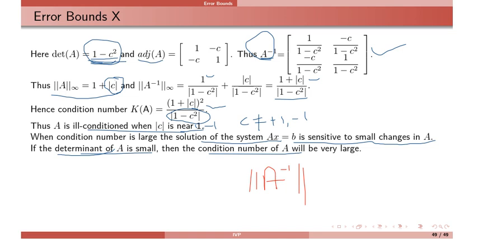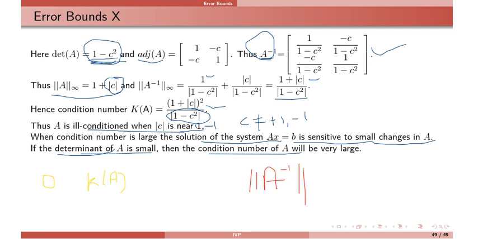So in conclusion, in this short topic we have written a formula for the condition number. It is norm of A multiplied by norm of A inverse, and this number is always greater than or equal to 1 for matrices. If this number is small, near 1, then those matrices are well conditioned: if you make small changes in entries of A, there will be small changes in the solution.